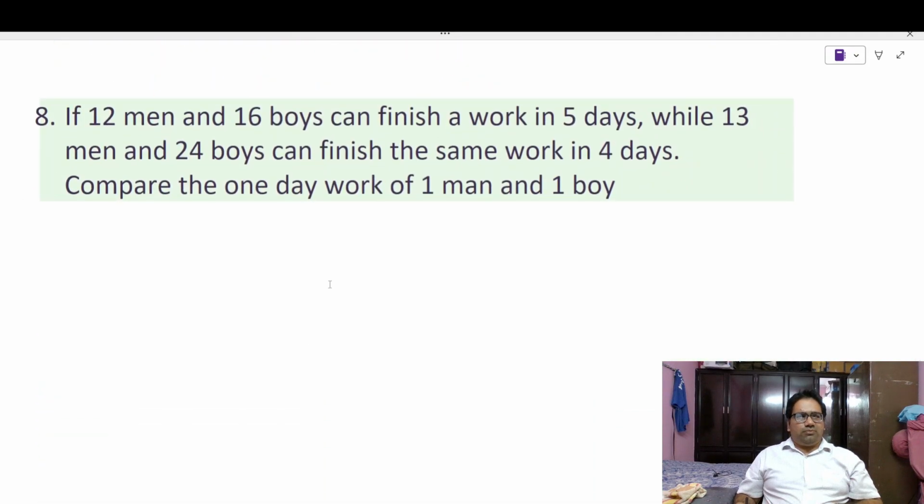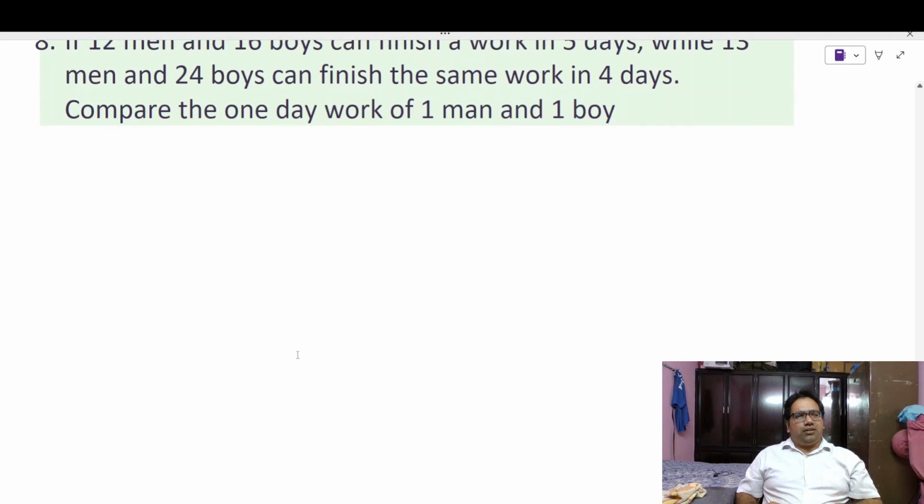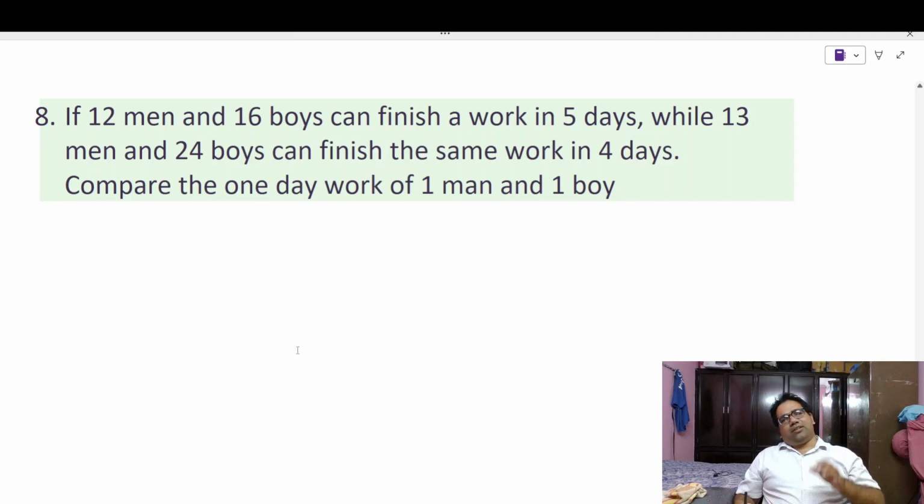Let's go to the next problem. If 12 men and 16 boys can finish a work in 5 days, while 13 men and 24 boys can finish the same work in 4 days, compare the 1 day work of 1 man and 1 boy.